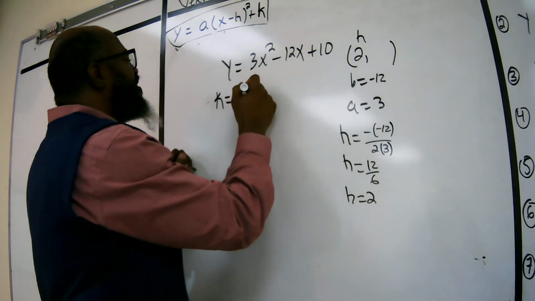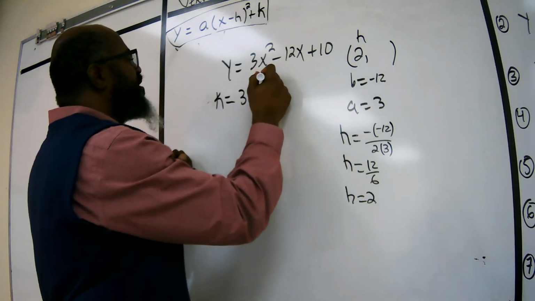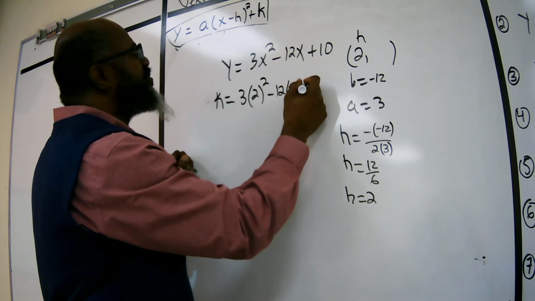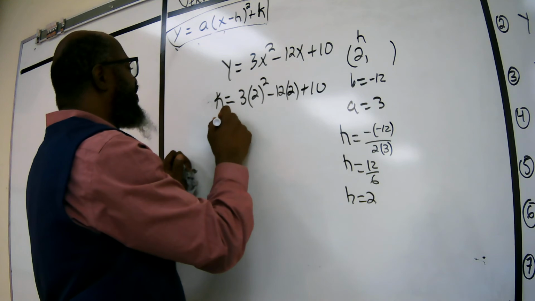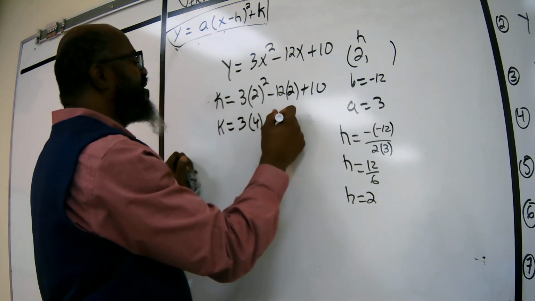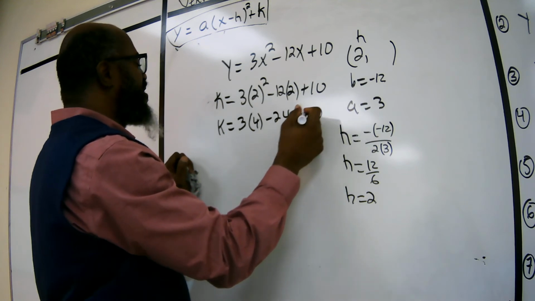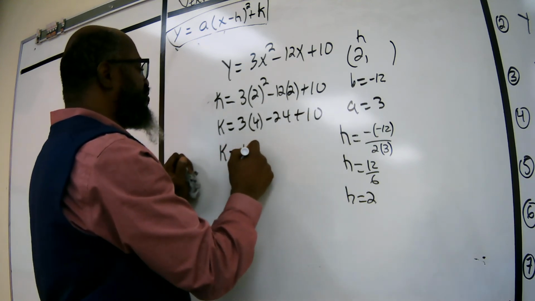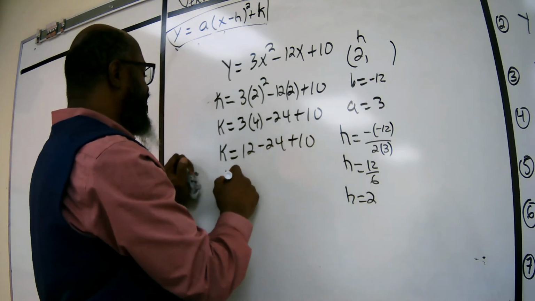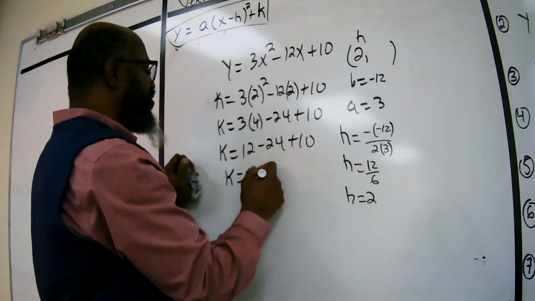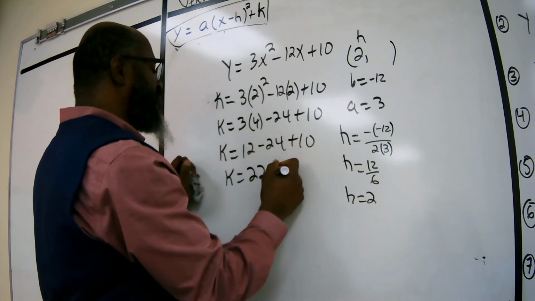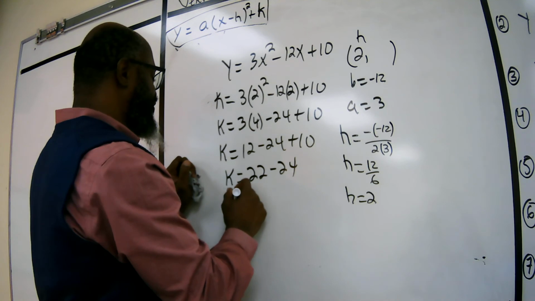We'll have 3 times 2 squared minus 12 times 2 plus 10. We'll have k equal 3 times 4 minus 24 plus 10. k equal 12 minus 24 plus 10. k equal 12 plus 10 is 22. 22 minus 24 is negative 2.